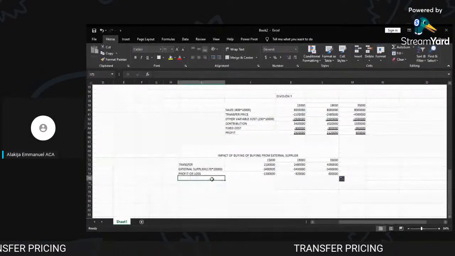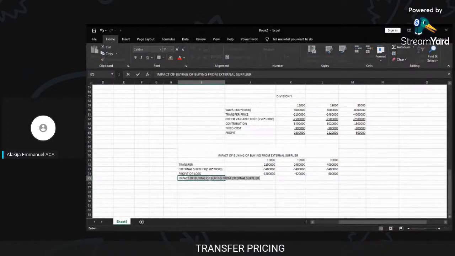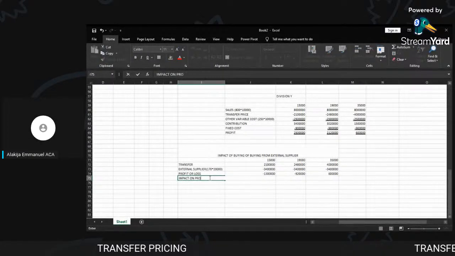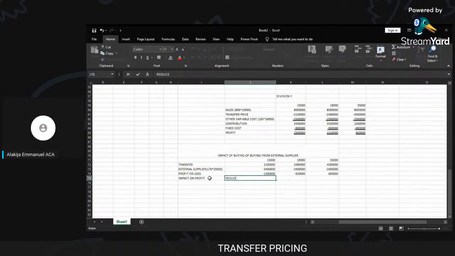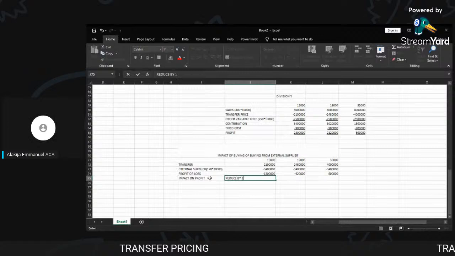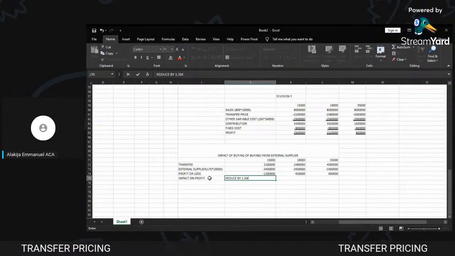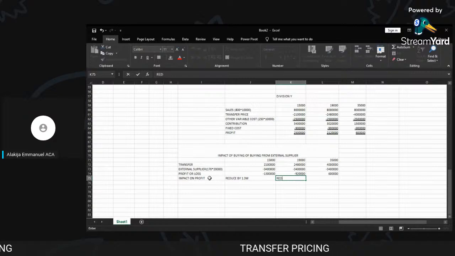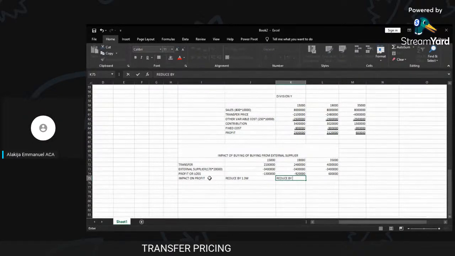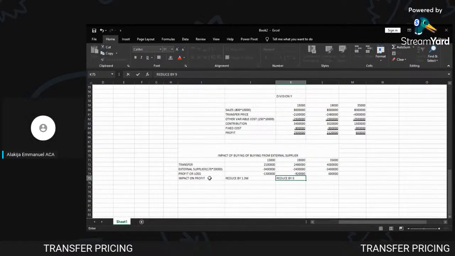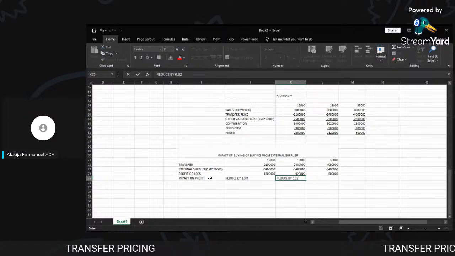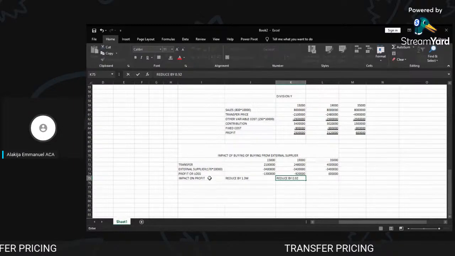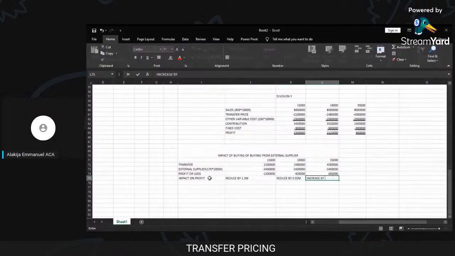So the impact here, we have the impact on profit: it is going to reduce our profit by 1.3 million, reduce profit by 920,000, and going to increase profit by 600,000.